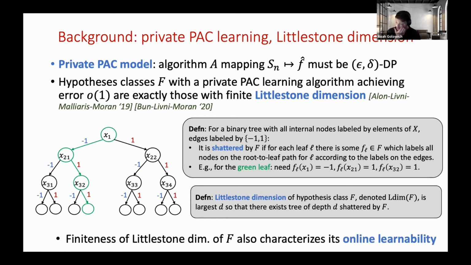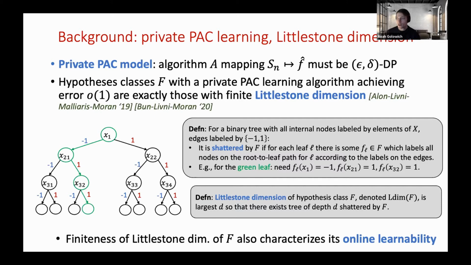Now, Littlestone dimension has been studied for a decent amount of time in machine learning theory. And in particular, it's a well-known result that the finiteness of the Littlestone dimension of a hypothesis class characterizes how many samples we need to learn it in the model of online learning. This is true in both the realizable and the agnostic settings of online learning.